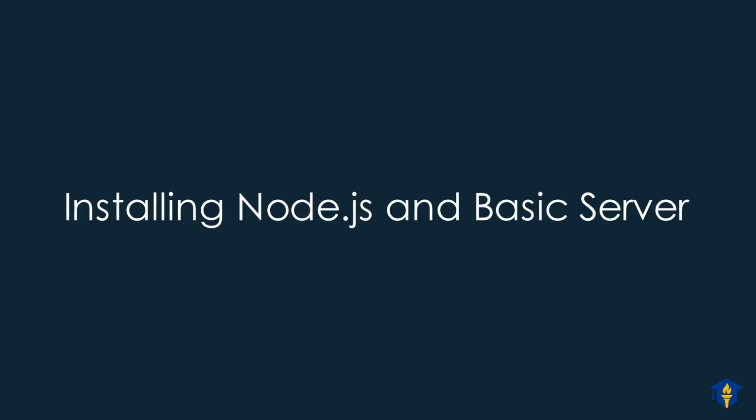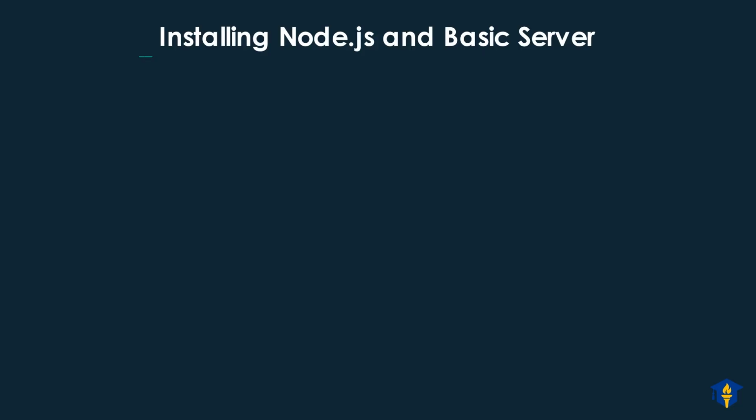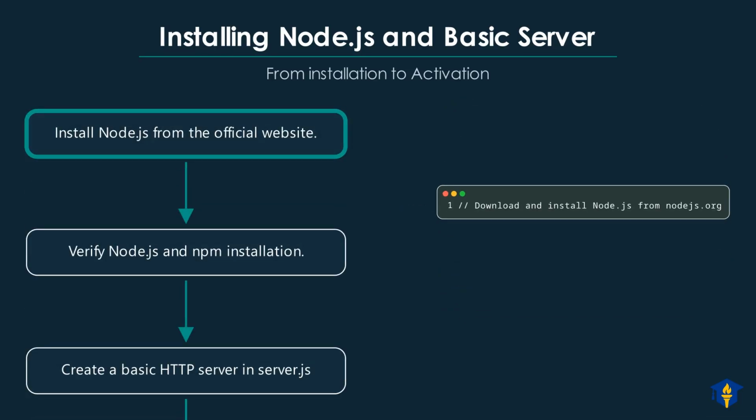Now, let's walk through the process of installing Node.js and setting up a basic server. We will cover everything from the initial installation to getting a simple Node.js server up and running. Your first step is to install Node.js by downloading the appropriate installer from its official website, nodejs.org.